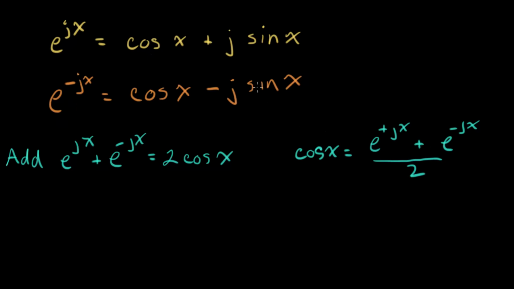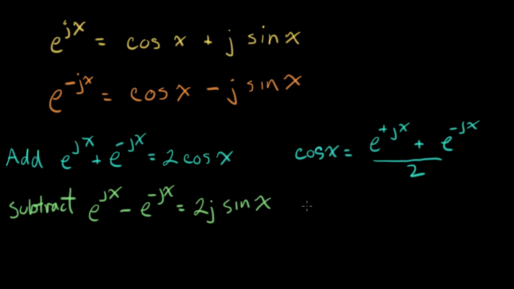Okay, let's go back and see if we can get sine. So what I'm going to do with sine is subtract, and that'll get the cosine terms to fall away, and then I get e to the jx minus e to the minus jx equals, the cosine terms subtract out, and I get 2 times j times sine x.